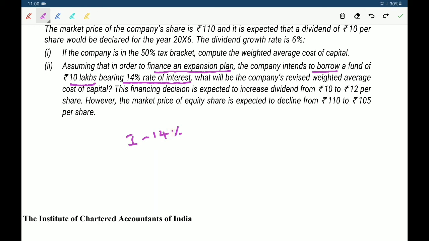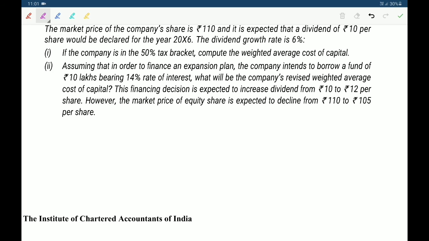What will be the company's revised weighted average cost of capital? For new debt, what is the cost of debt? I into 1 minus taxation. 14% into 1 minus 0.5. It gives 7% as the new cost of debt for 10 lakhs.